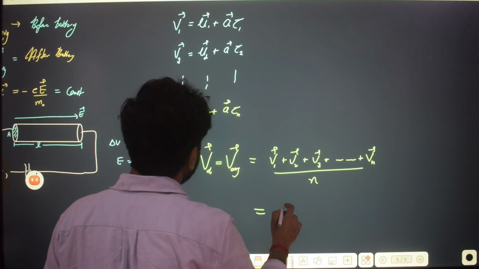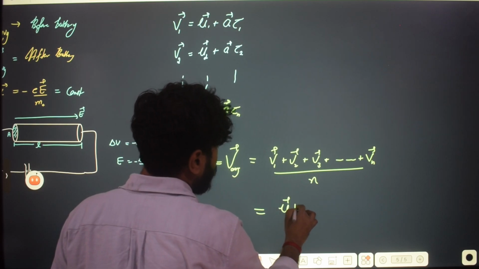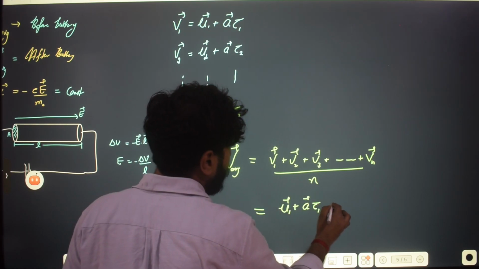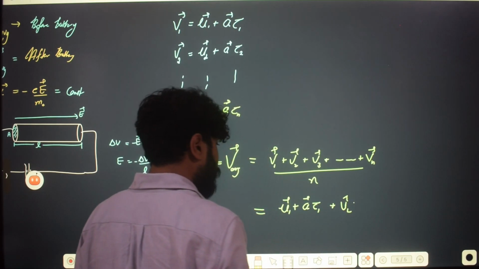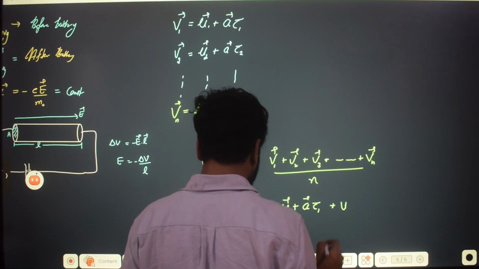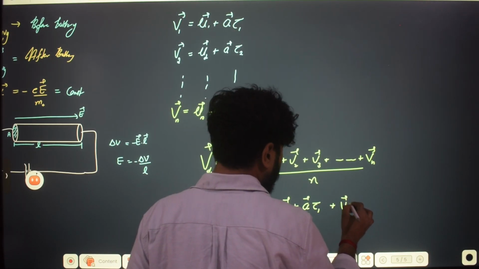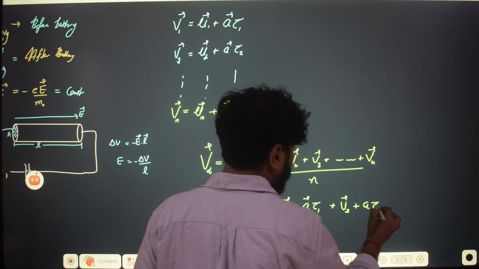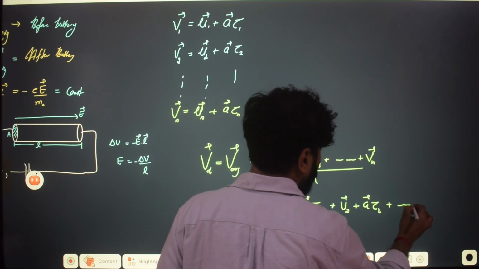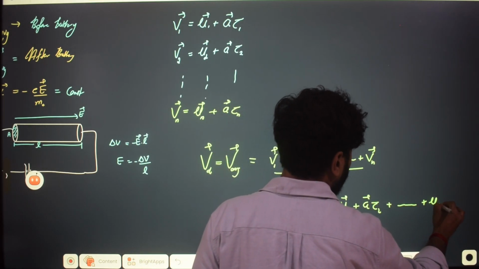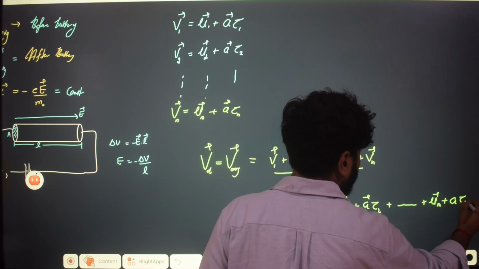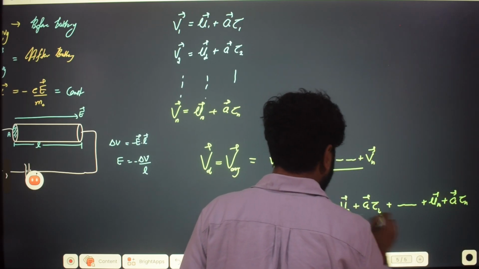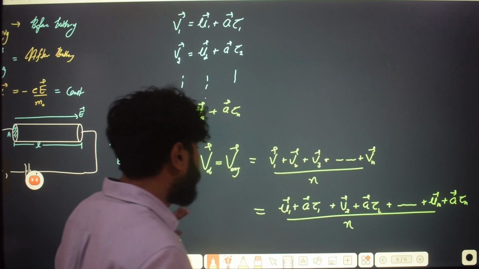You will get u1 vector plus a tau1, plus u2 vector plus a tau2, and so on up to un vector plus a tau n, over n.